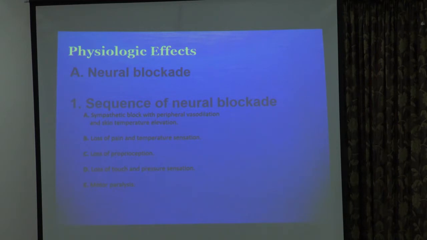Always note that if you check for, let's say, pain, and your pain is at T10, your temperature block is about 2 to 3 sensory levels above this, and your autonomic block will be about 2 to 3 sensory levels above the temperature.